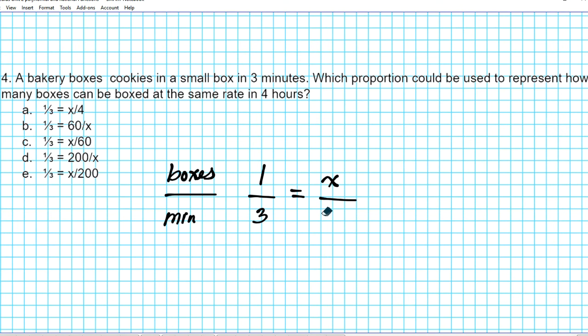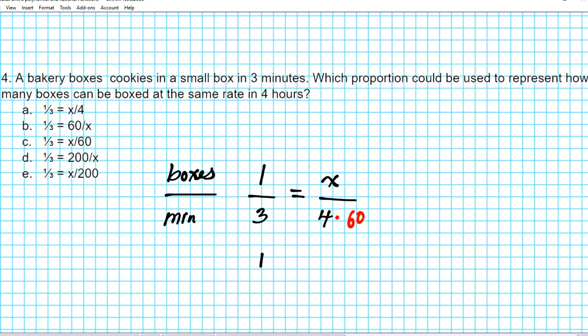4 hours, we put 4, but hours and minutes are in different units, so we have to multiply this hourly measure by the conversion factor, which is 60, because every hour is equal to 60 minutes. So 4 hours would be 4 times 60.